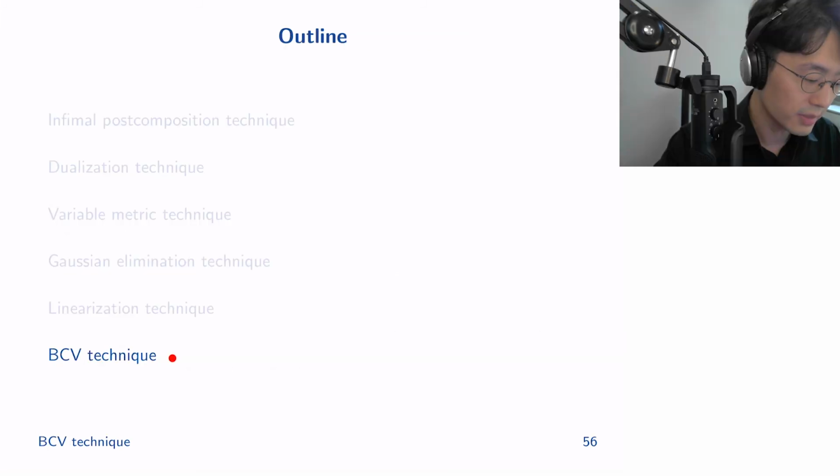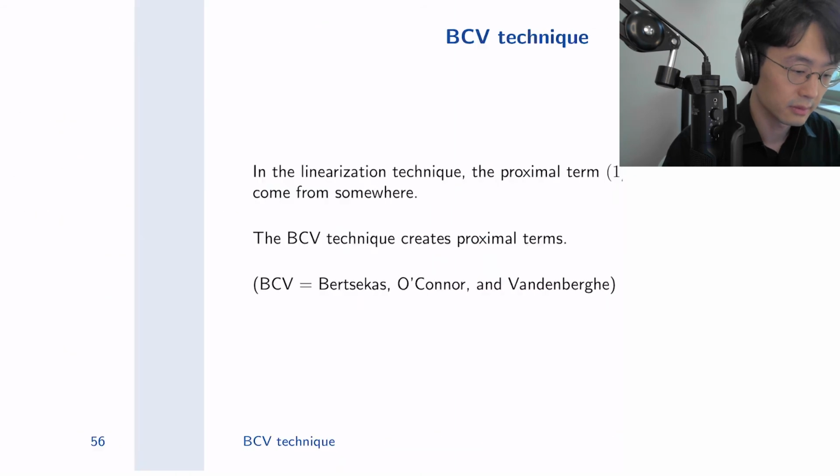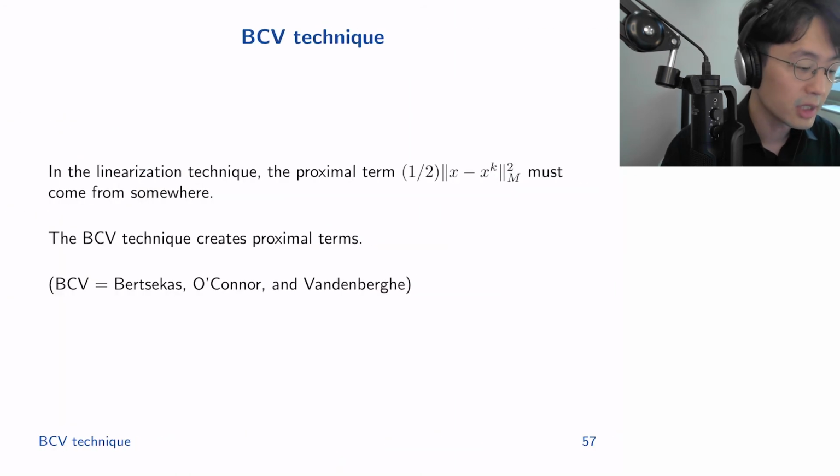Next, let's talk about the BCV technique, the final technique of this chapter. When we were using the linearization technique, we relied on the proximal term of this form, and this form had to come from somewhere. In the previous example, the proximal term came from the proximal method of multipliers, but in general, we can use the BCV technique to create these types of proximal terms.